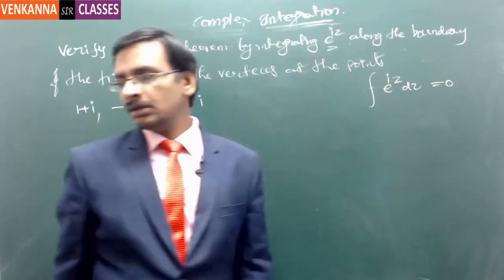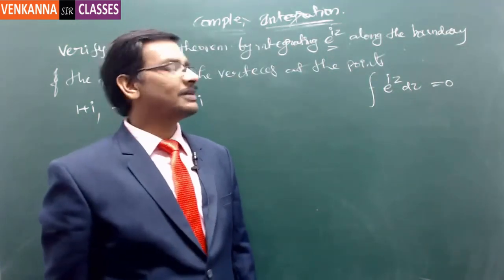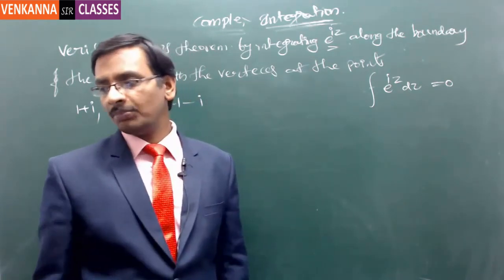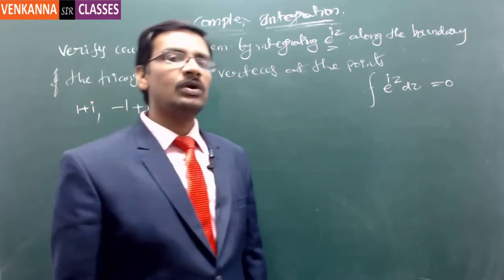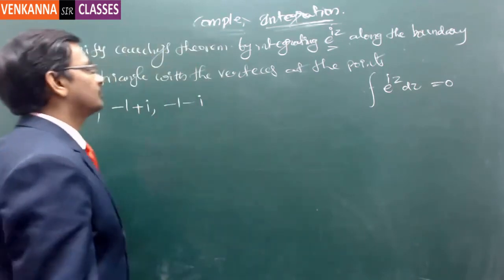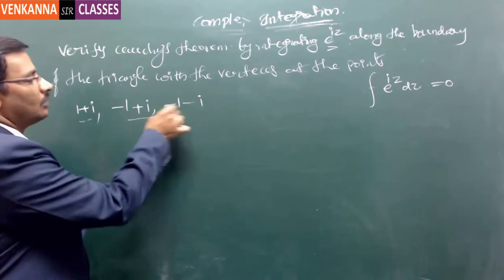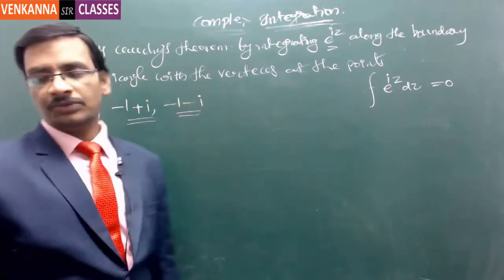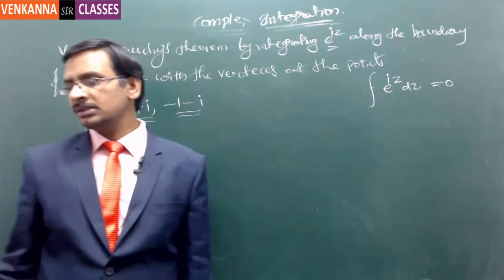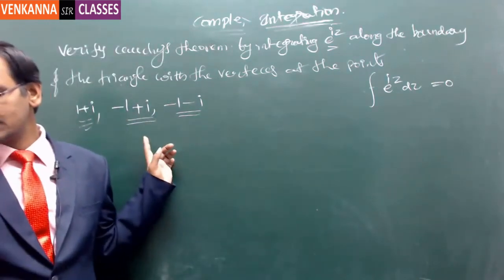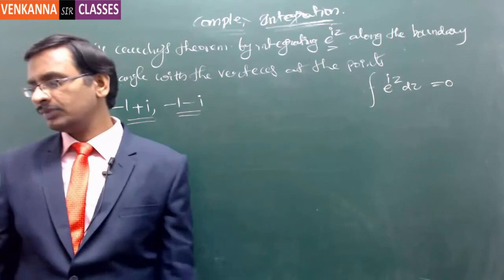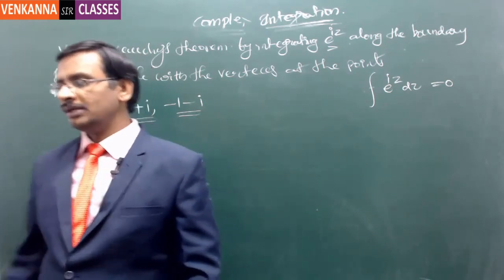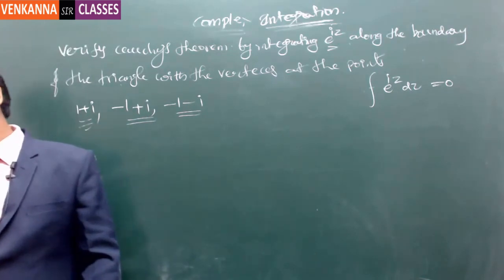Now, this is on a region where the function is analytic, and around the region is nothing but the boundary or the periphery of the region, where you can find the line integral value, or the contour integration value. You have to verify whether it comes out to be 0 by joining the points minus 1 minus i, minus 1 plus i, and 1 plus i. These are the 3 points. Can you verify that? Prove whether Cauchy's theorem is valid or not.